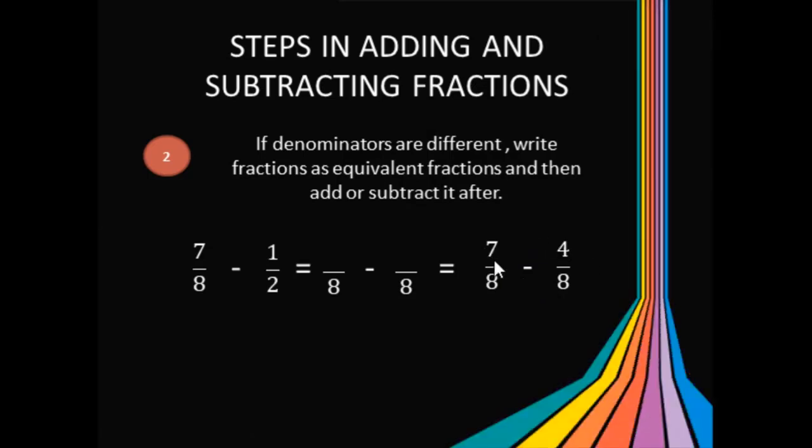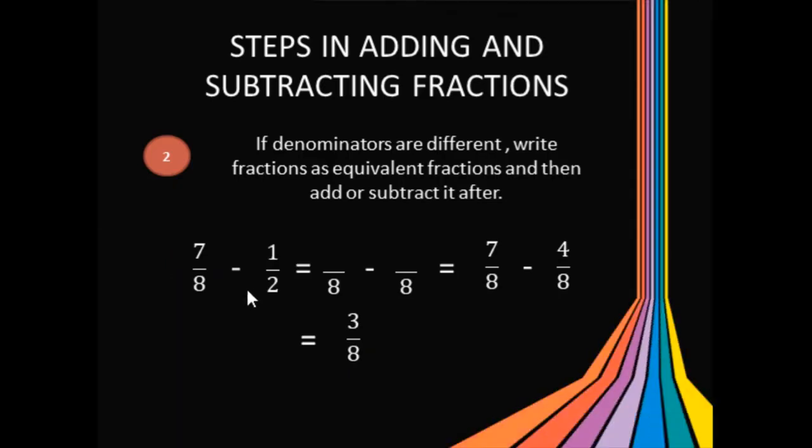Again, 7 minus 4. We get 3. Good job. So we copy 3 and copy 8. So the answer is 7/8 minus 1/2 is equal to 3/8. Again, 7/8 minus 1/2 is equal to 3/8.